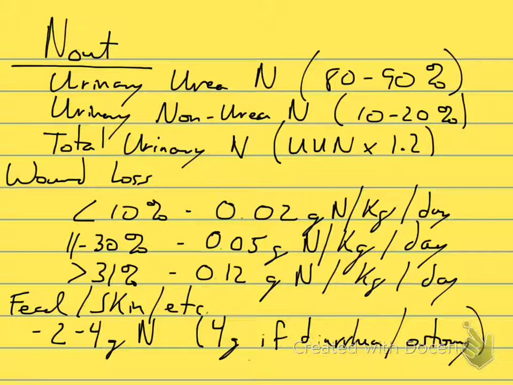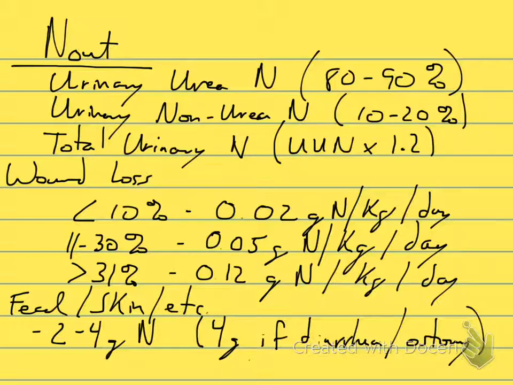If the open areas make up 11 to 30% of total body surface area, then you're going to be losing 0.05 grams nitrogen per kilogram per day. And if you have open areas larger than 31%, if you get much higher than 31%, you're going to die. But if you're over 31%, you're going to be losing about 0.12 grams of nitrogen per kilogram per day.